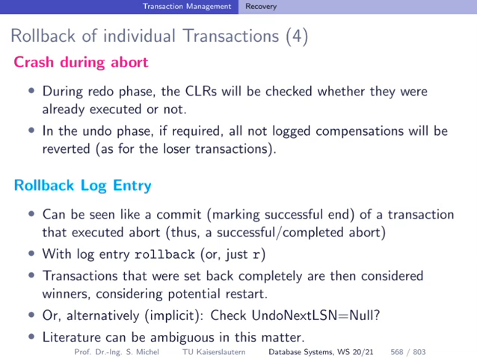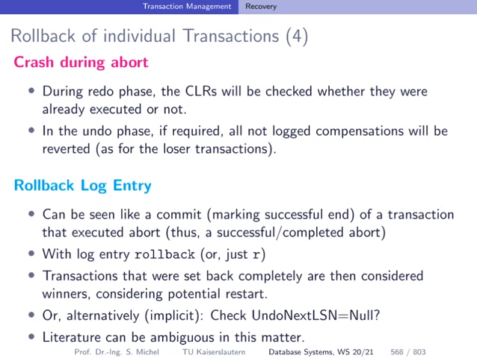So basically, you can treat a successful rollback as equivalent to a commit, because this transaction does not have to be undone. We have to only make sure that we go in the redo phase through all of the log entries for this transaction. But this is not really a loser transaction in the common sense as we have introduced this earlier.